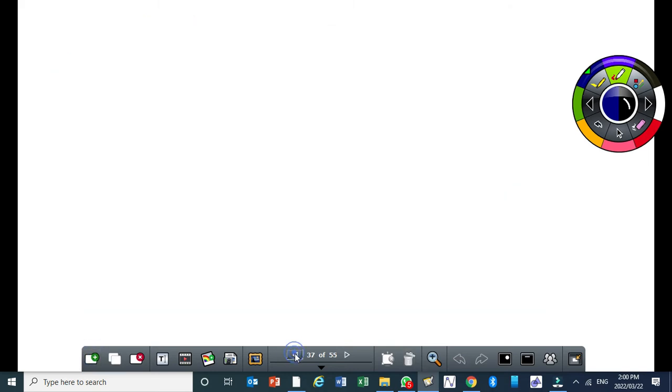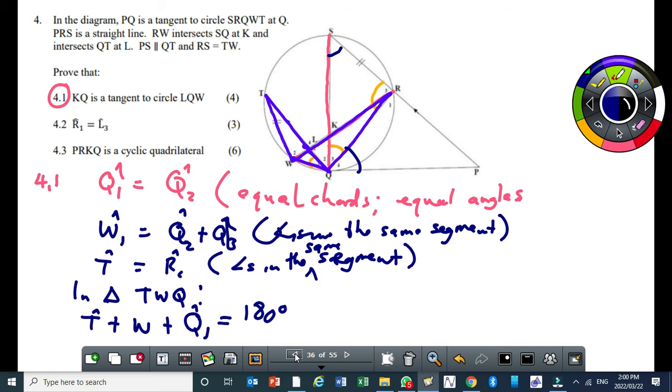I'm going to create another equation. The next equation now, I'm going to use triangle RWQ. Okay? Now, in that triangle, it's important for you to know that angle Q4 is equal to angle S. At the same time, angle Q2 is equal to angle S. So I think I need to write that down.